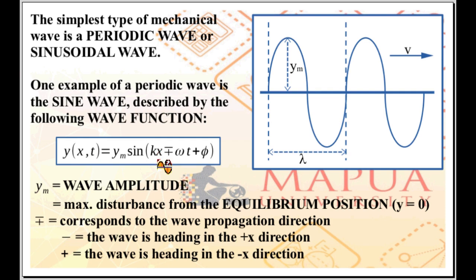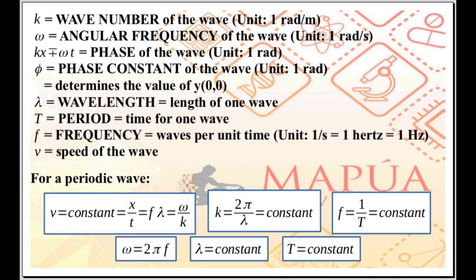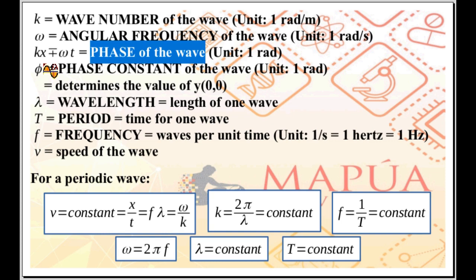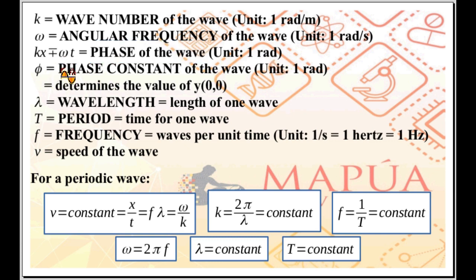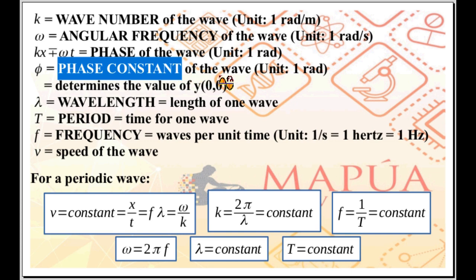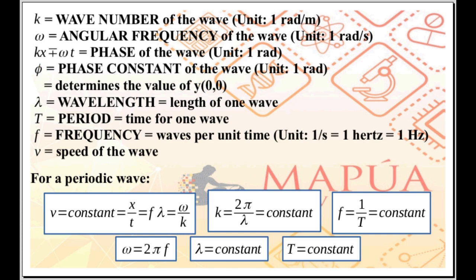In ym sine of kx minus/plus omega t plus phi, the quantity kx minus/plus omega t is referred to as the phase of the wave, and its unit is radians. Whereas phi is the phase constant of the wave, unit is radians.